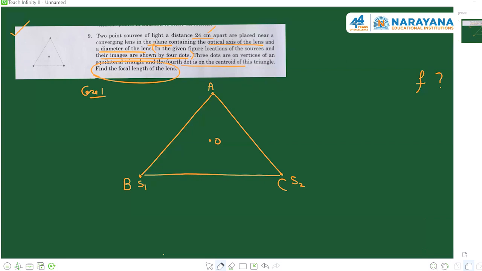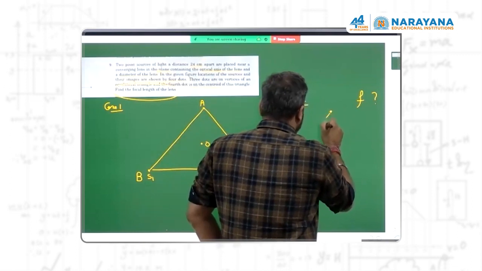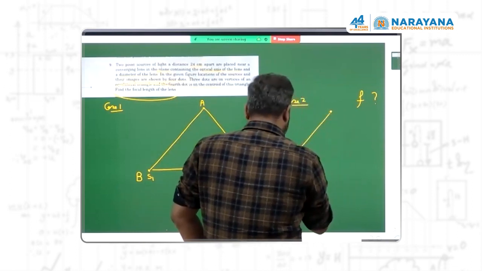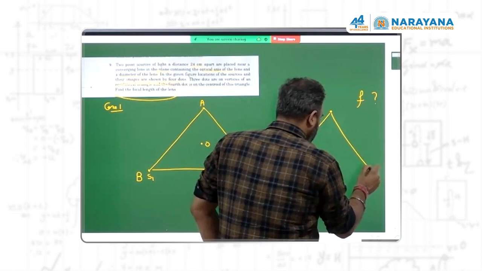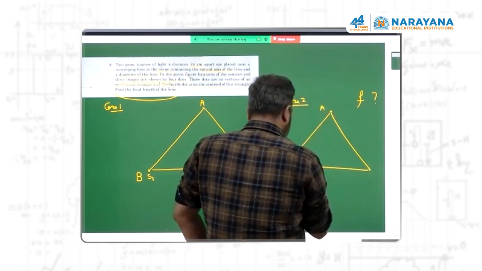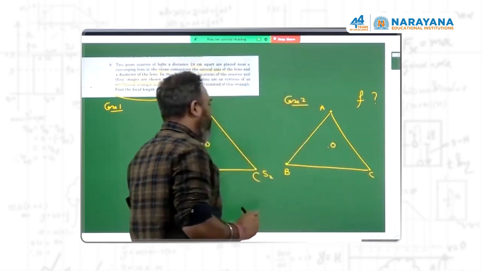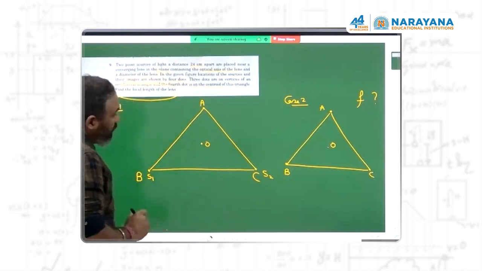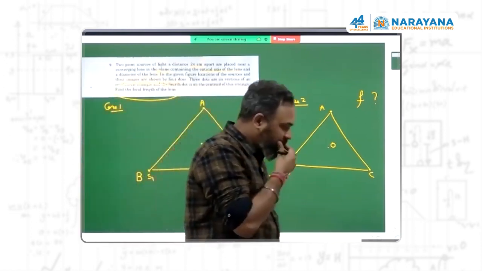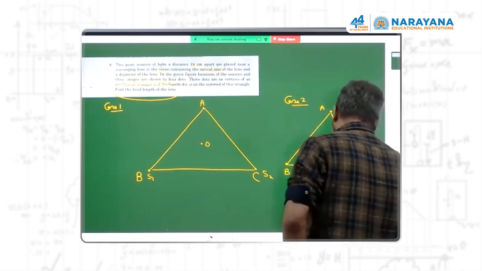And case 2 seems to be a possibility where, if this is the equilateral triangle A, B, C, and this is the centroid, let's say O. Now, in this case, I can have one vertex as the source and the centroid as the other source.